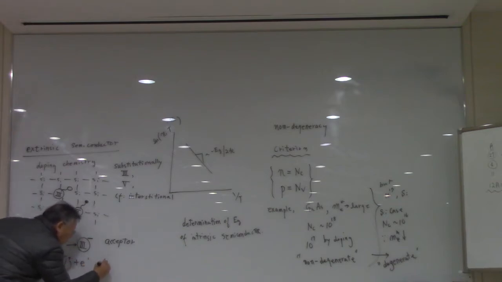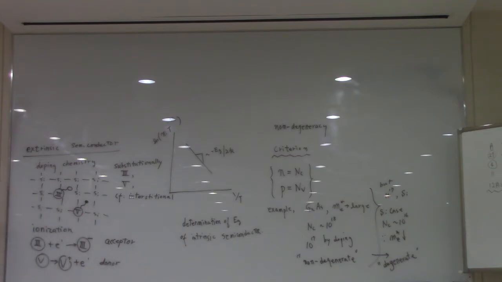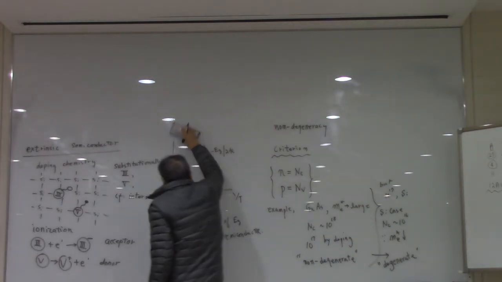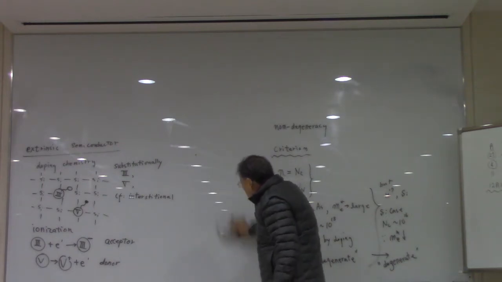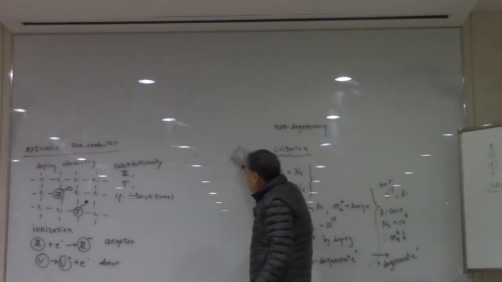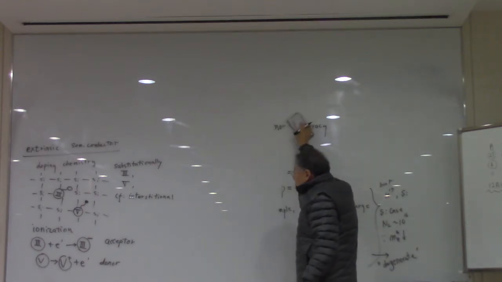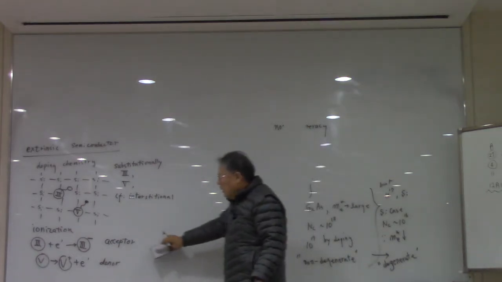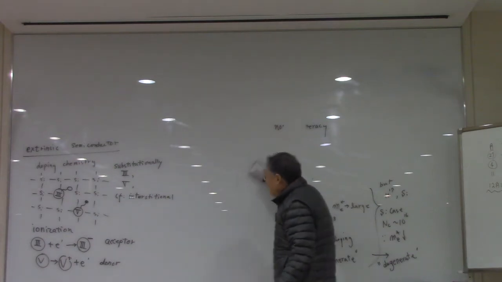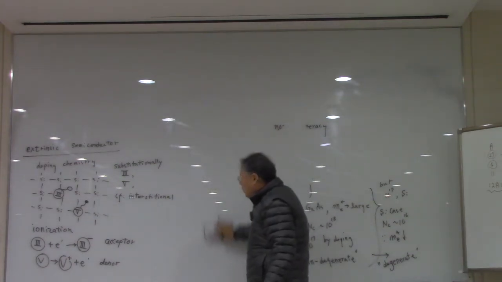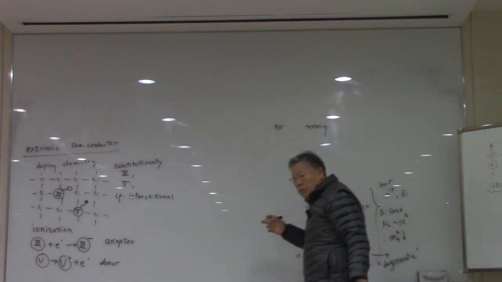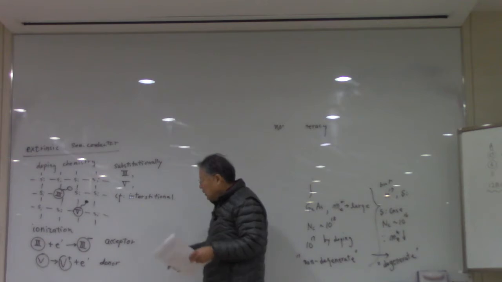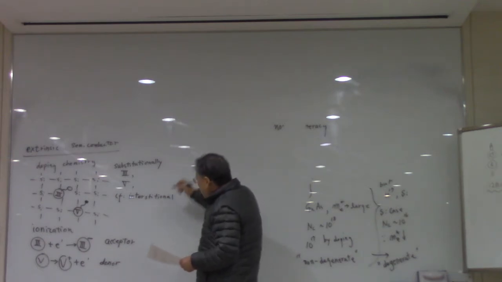It's the donor. In the case of interstitial insertion, this kind of thing never happens. Your dopant has to replace the host atoms, in this case the silicon. All right.